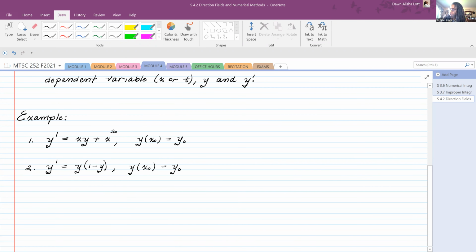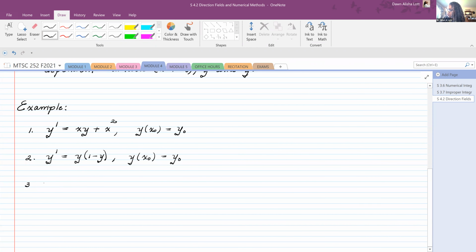And you may get something like y prime is equal to, let me use a different variable, let's use t, t times y, t squared times y squared, and then y of t naught is equal to y naught. So all of these are first order differential equations, and the goal is to solve for y of x.